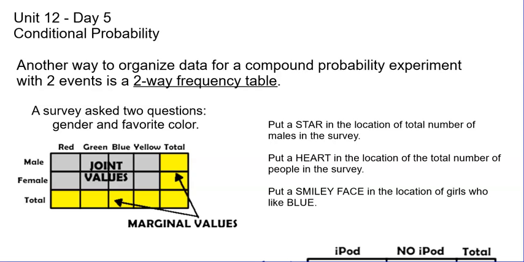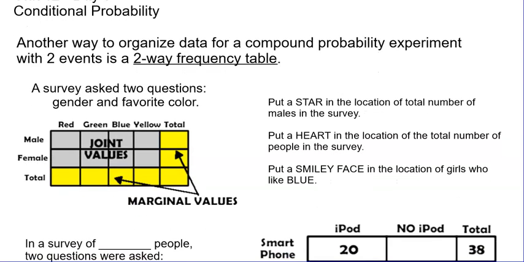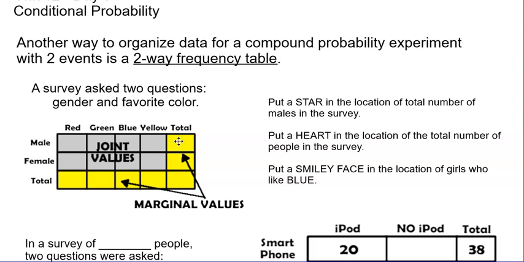So, the survey has 2 questions, gender and favorite color. It says, put a star in the location of the total number of males in the survey. Okay, well, find male, go to total, an asterisk if you want to draw a star, that's fine. Put a heart in the location of the total number of people in the survey. Well, that would be down here.